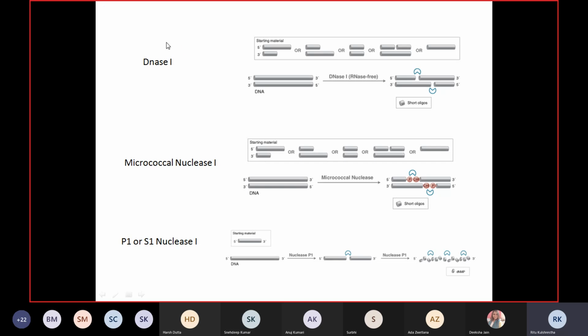By adding DNase. If this DNase preparation is not RNase free, then it will cut the RNA also. Achha, okay, ma'am. You have to save the RNA, right? Because you have to work on RNA only in that particular case. Yes, ma'am.